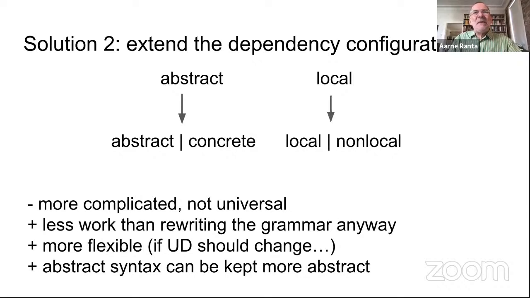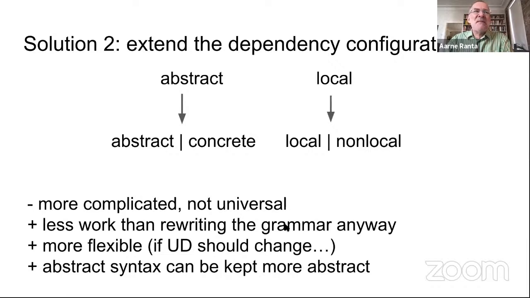So we basically have both abstract and concrete configurations, and moreover both local, as we had before, and non-local. And again, I will not go into the details of all of this.